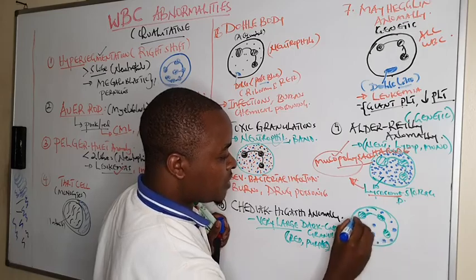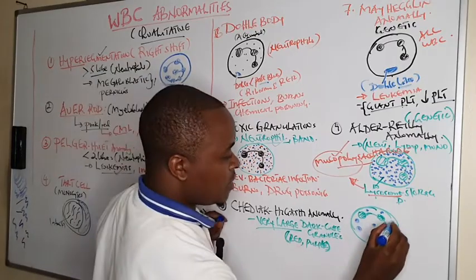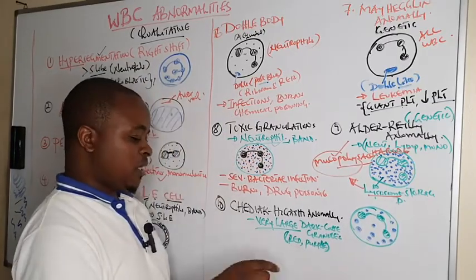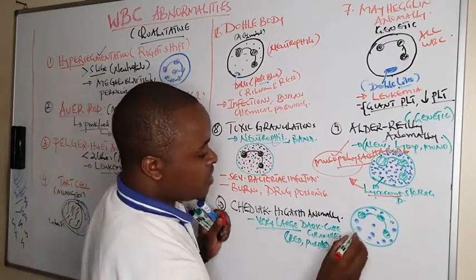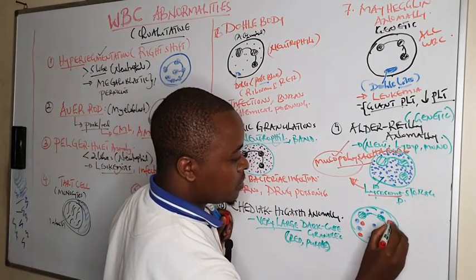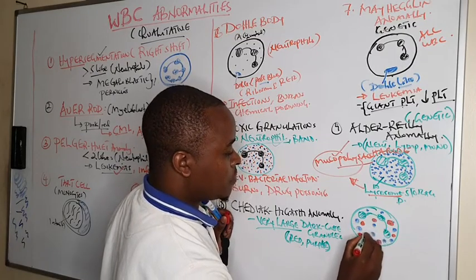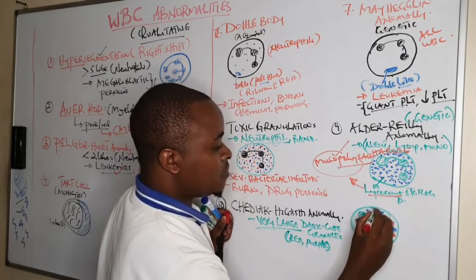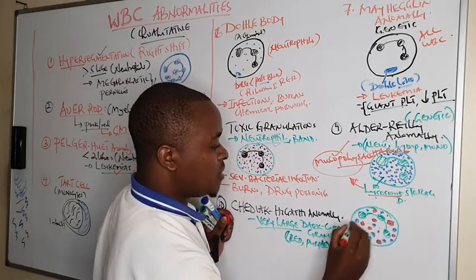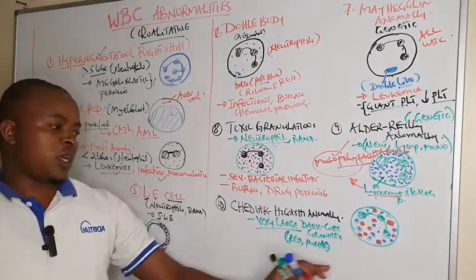So the difference is in the size and dark staining, but majorly the size, which can either be purple or red staining prominent granules in the cytoplasm of white blood cells. So this is what we are calling Chediak-Higashi anomaly.